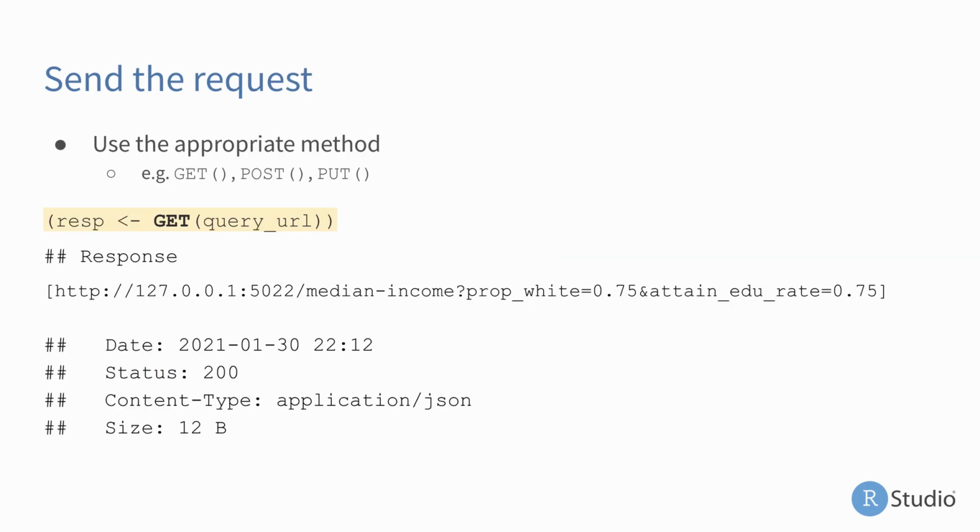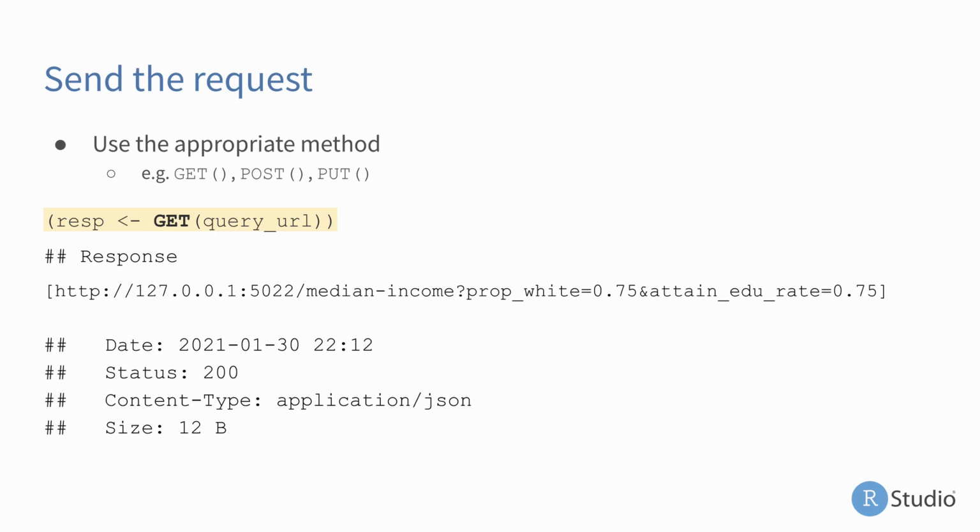The next thing we need to do is actually send the request, and within the httr library, there is one function for every HTTP request type there is. In the practice of writing HTTP requests, we use all caps. So likewise, the functions from the R packages are using all caps.